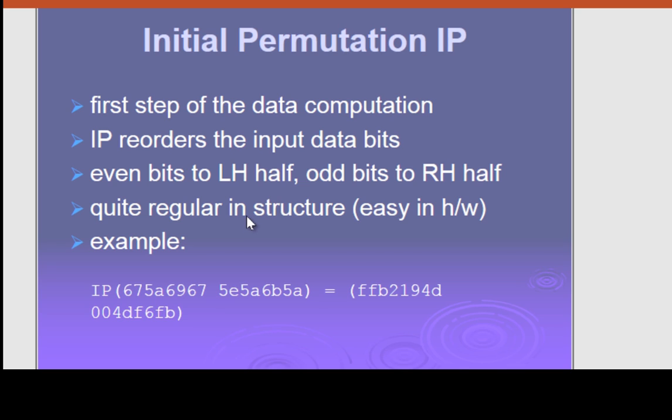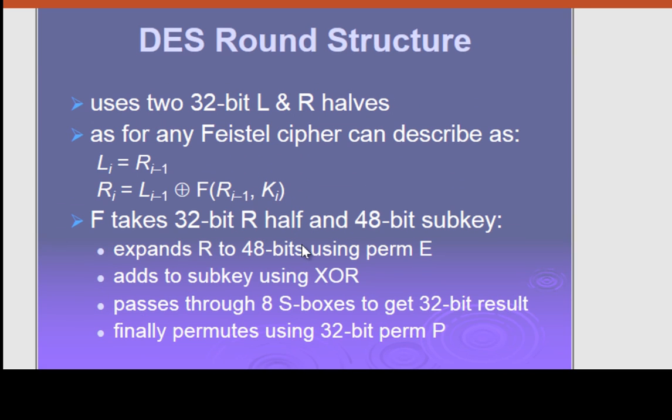This process is quite similar in many hardware implementations. It is simply the permutation of those 64 input block bits: even 32 bits to the left part, and odd 32 bits to the right part. So this is the initial permutation.